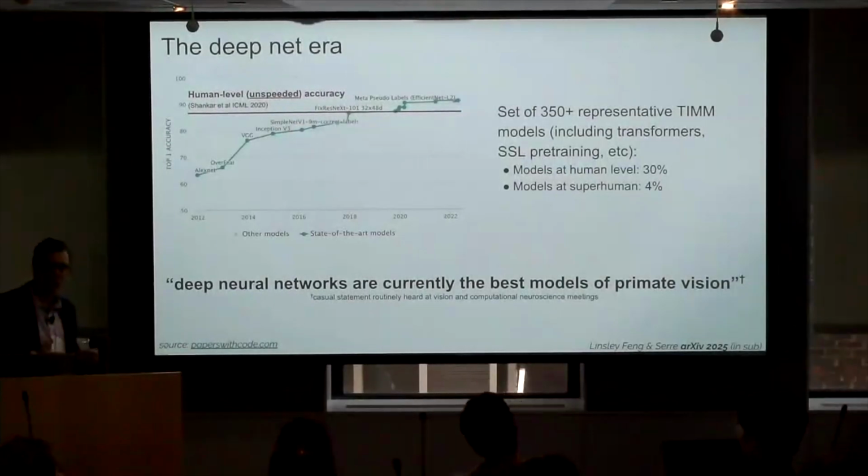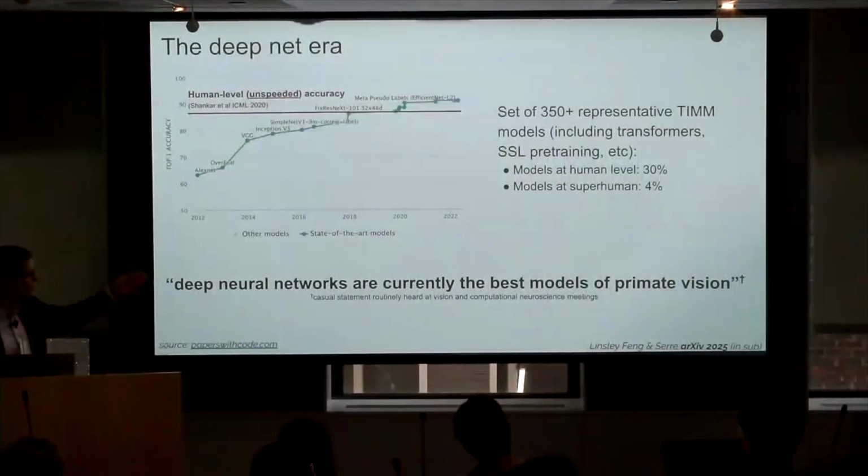And in fact, a lot of the remainder of my talk will be about highlighting some of the key differences between modern day large-scale deep neural networks and human vision.